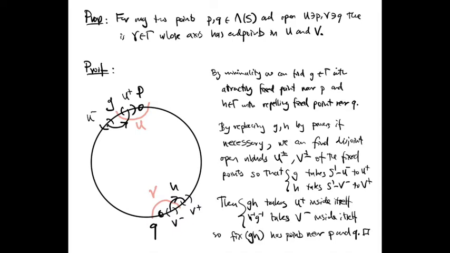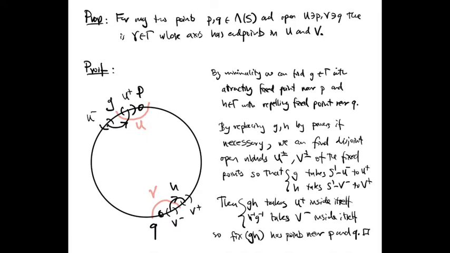Now, let's look at the dynamics of the element GH. H takes the set U plus inside V plus, and then G takes V plus inside U plus. So the element GH takes U plus inside itself and has a fixed point there.